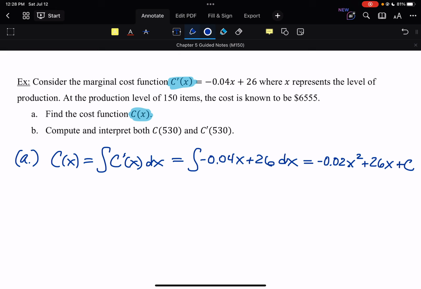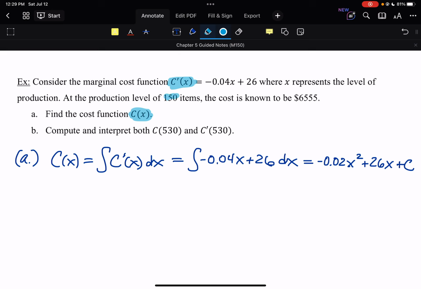Now, if we want to solve any problems with this, having that plus c in there puts a wrinkle in our calculations, because I can't answer any definitive questions involving these numbers if I don't know what the plus c is. So we're going to use the given information to help us find the plus c.